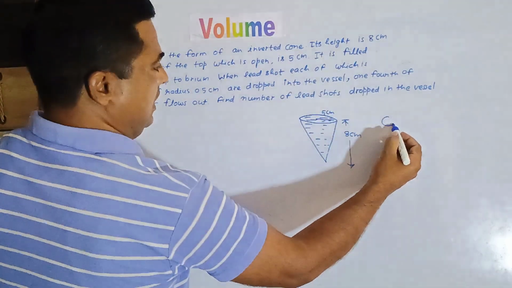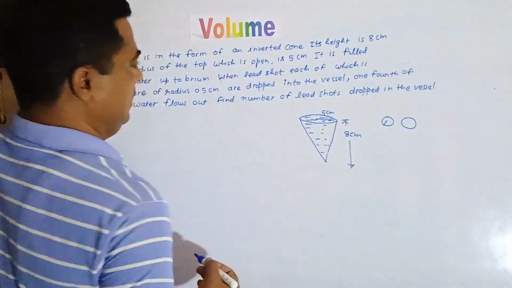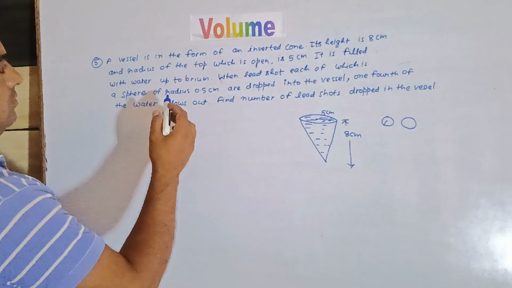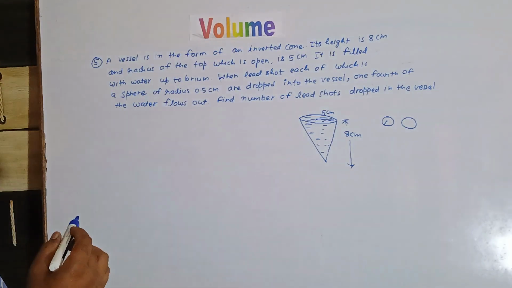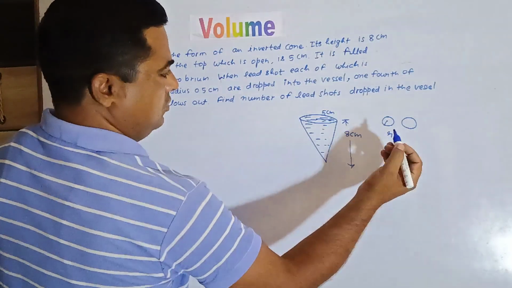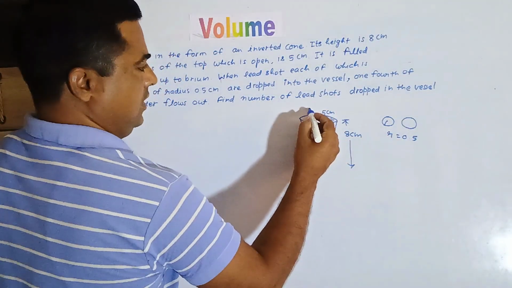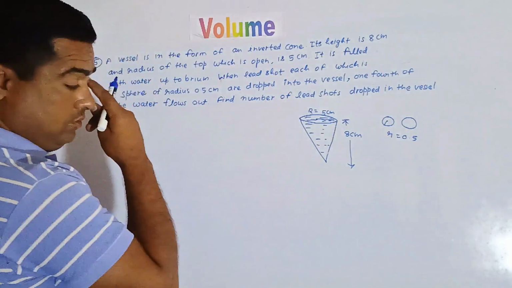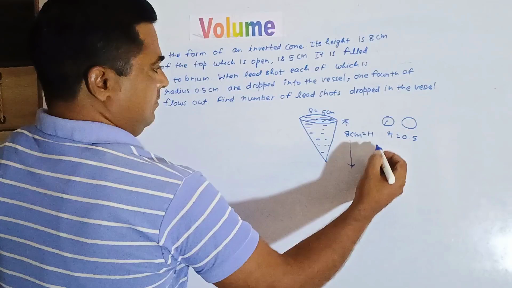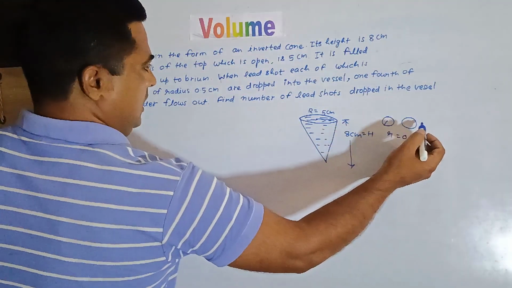Now we have some spherical lead shots here, and radius of each sphere is given here. This is 0.5 centimeter, correct? So radius, suppose this will be small r, 0.5 centimeter, and capital R is radius of the cone, this is 5 centimeter, and height of the cone will be capital H. Now we are dropping these lead shots.